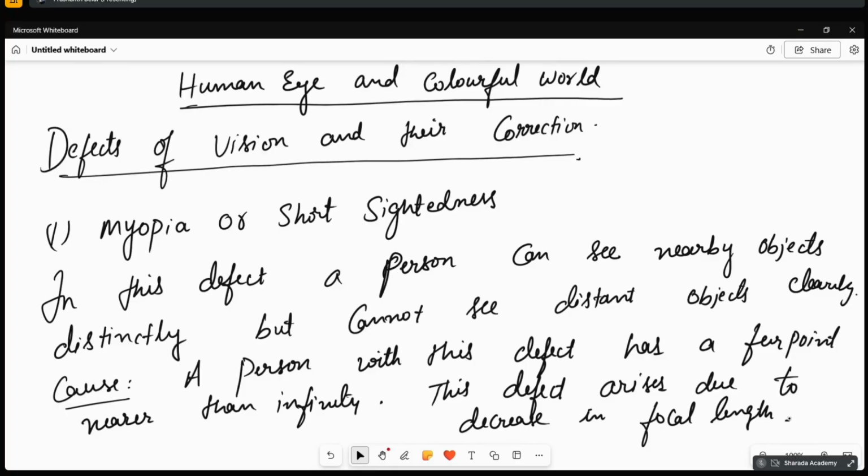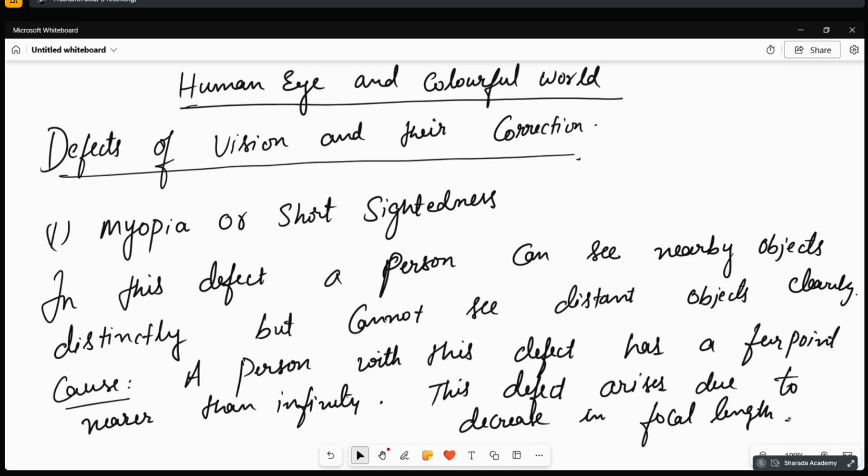I can't make the lens very thin, so it can't focus on very far objects. So a person having myopia can see distant objects only up to a point less than infinity. When there is excessive curvature, the focal length will reduce. Curvature will increase. Understood?